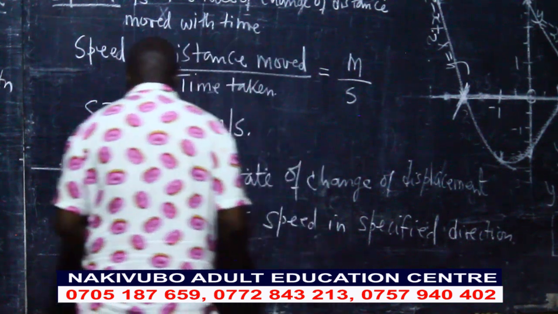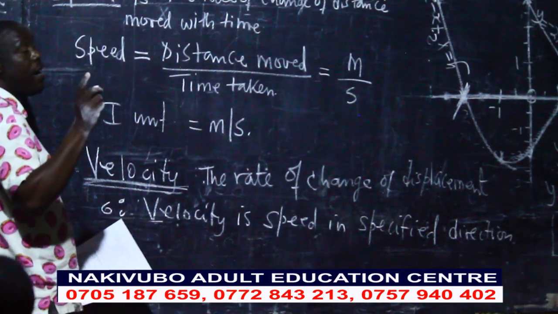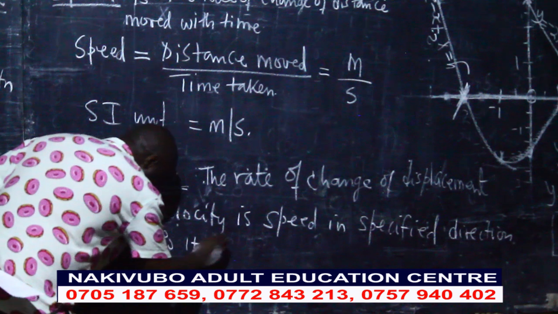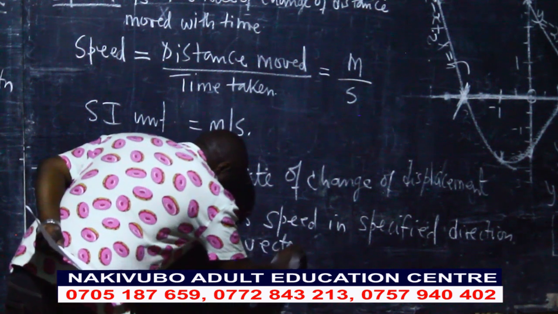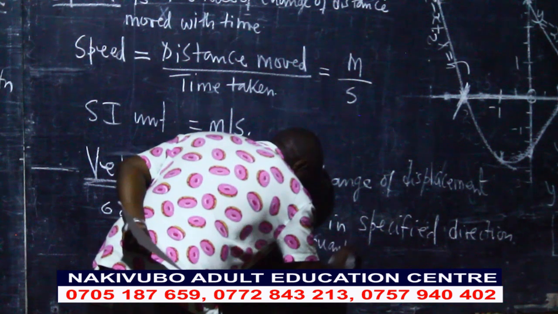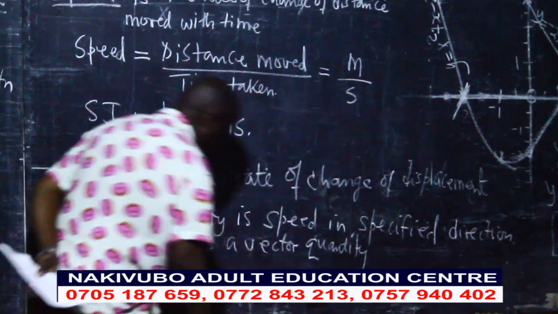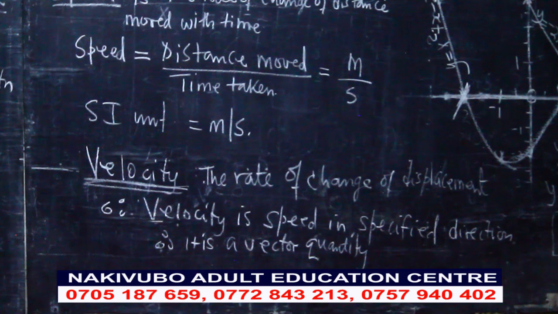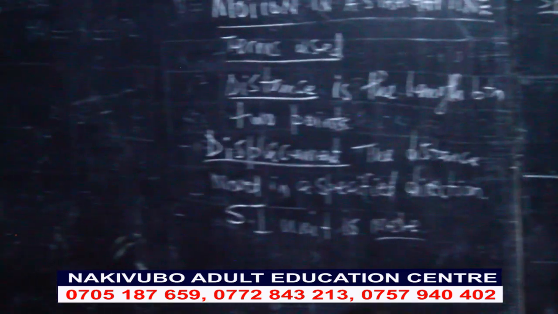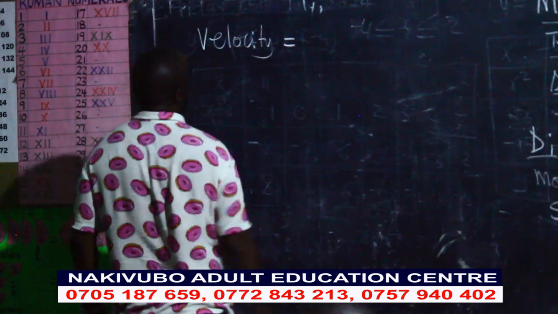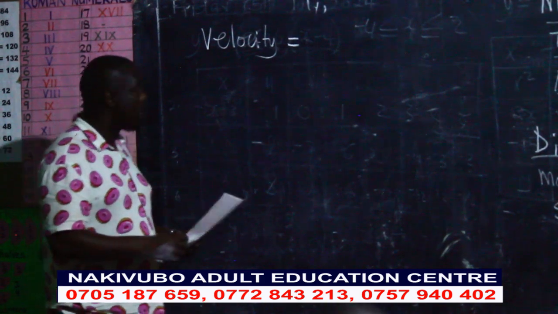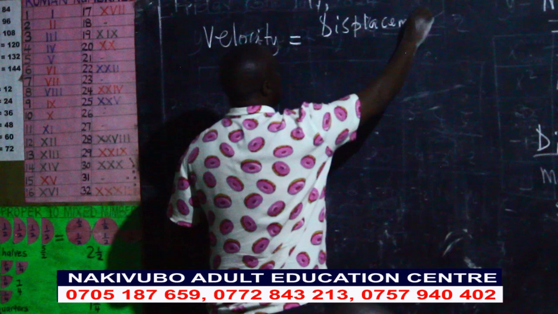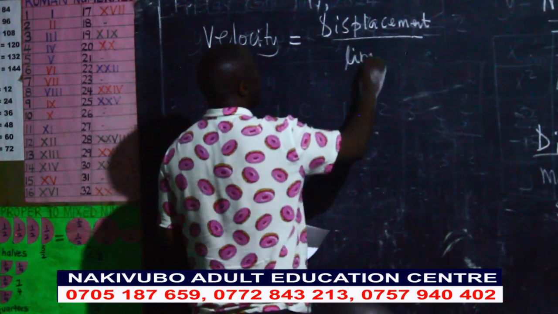It is a vector quantity. Am I clear? Velocity is equal to displacement over time.